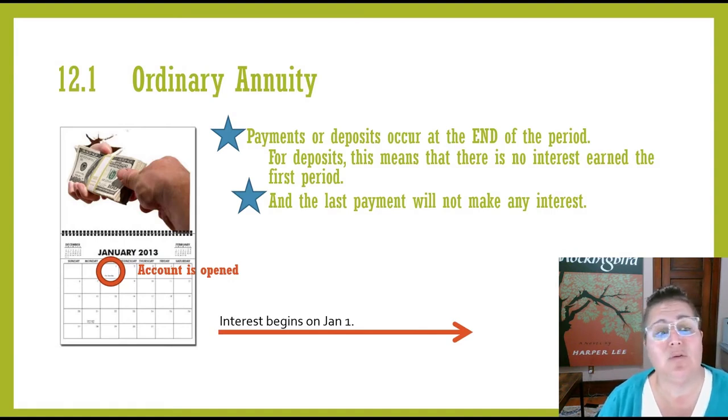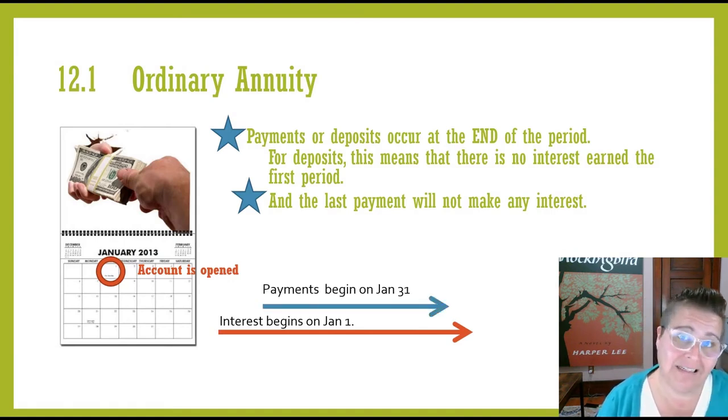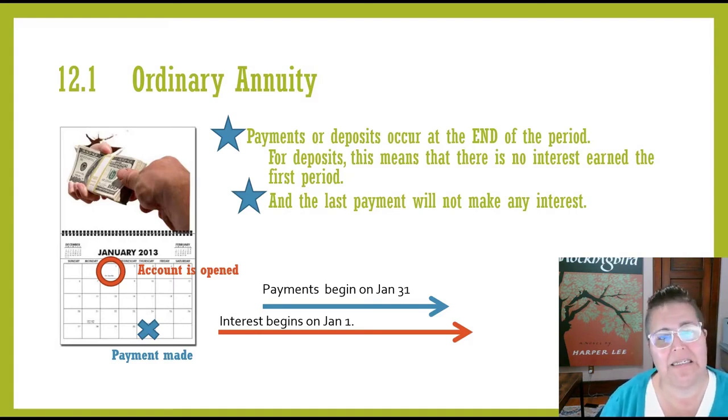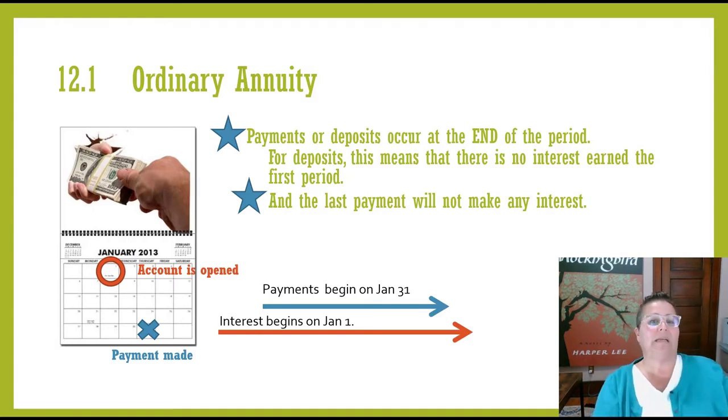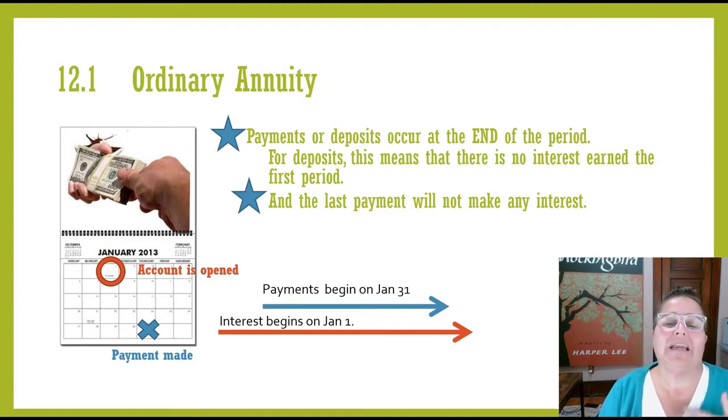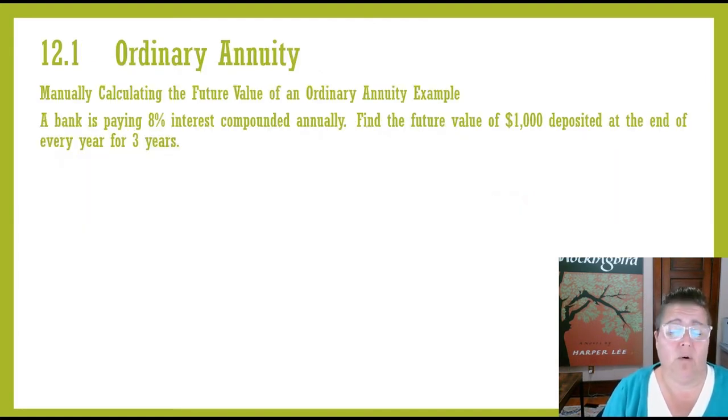But since you don't pay into the annuity until January 31st, you make no money that first month. Your payment into the annuity is not made until the end of the month, even though you may have opened it at some other time. So it is not always considered worth your while to open an annuity in the beginning and then not make a payment. You tend to want to open one right at the end, so your money's working for you right away.